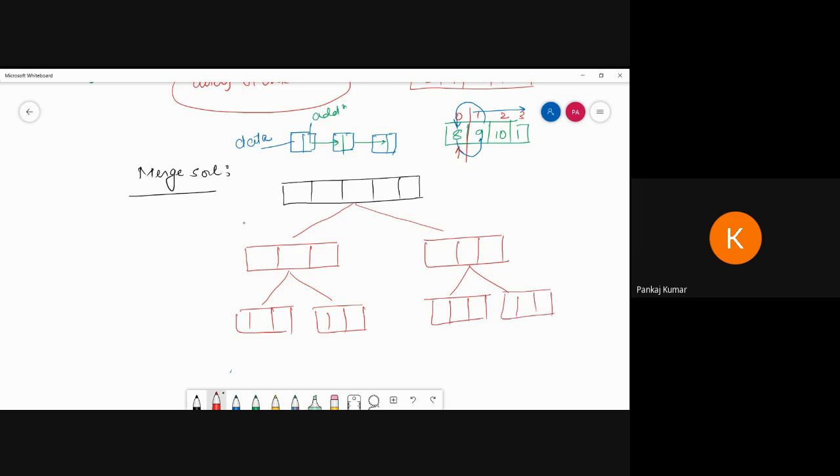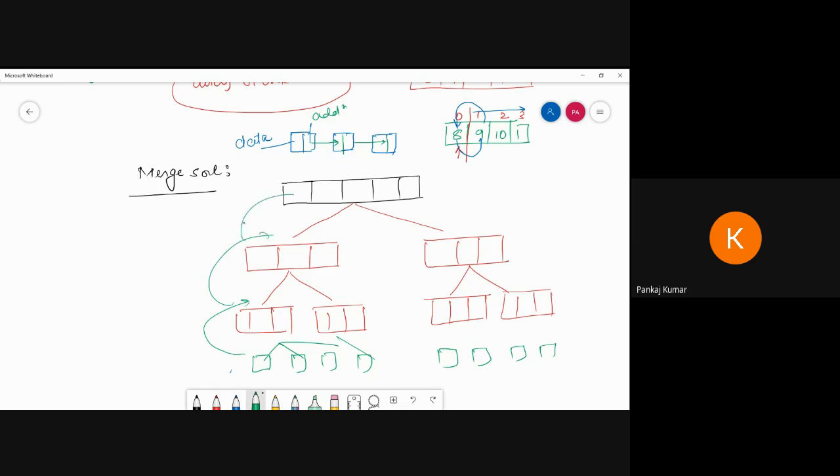At the end of this, if I get only single elements, that means a single-element array, then we have to merge one by one, and then go for backtracking, and we can get the result.